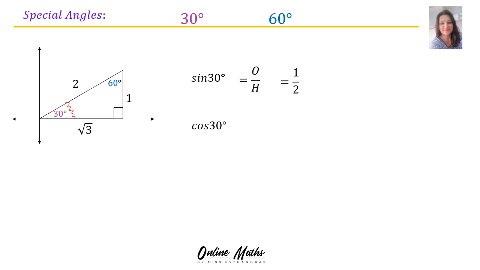Cos 30 degrees, cos's ratio is adjacent over hypotenuse. Therefore, √3/2. Tan 30 degrees, tan's ratio is opposite over adjacent. Therefore, tan 30 degrees is 1/√3. Now, 60 degrees.